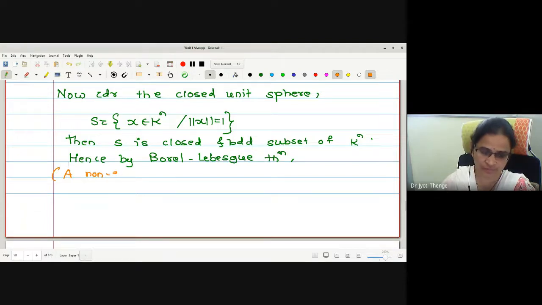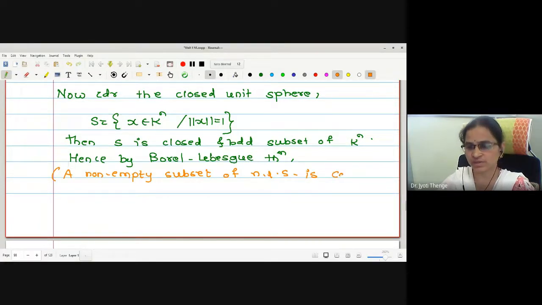A non-empty subset of a normed linear space is compact. Normed linear space or any vector space. Metric space I think you have studied.